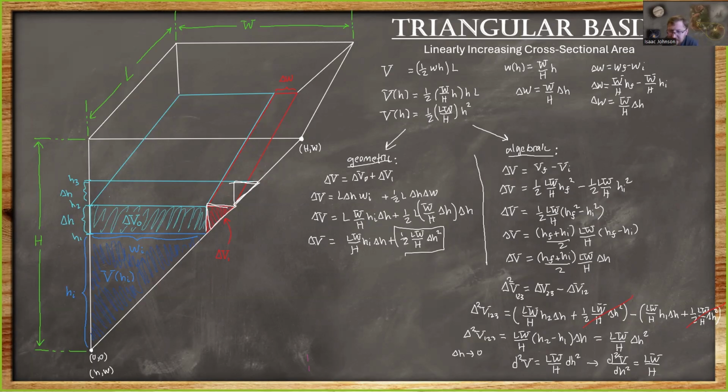What's really interesting here is that you'll notice that if you go back up to the difference here, which was delta 2V 1, 2, 3 equals length times width over height times delta H squared, how does that relate to our triangles?